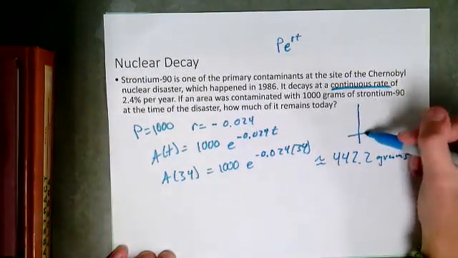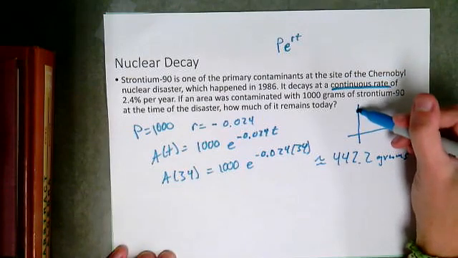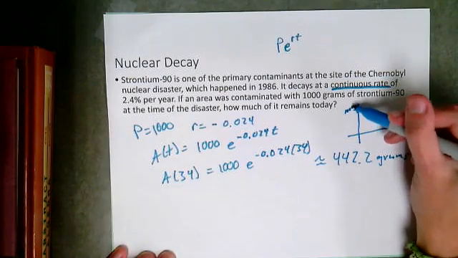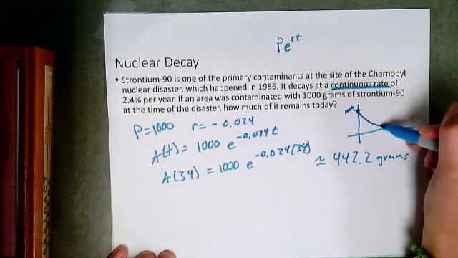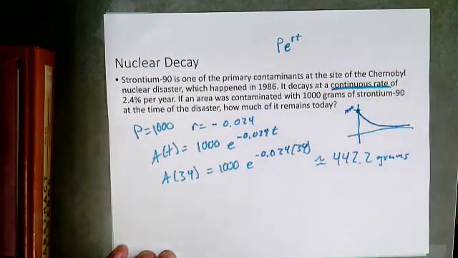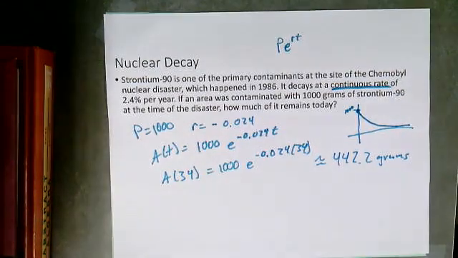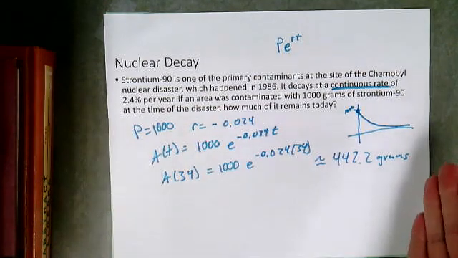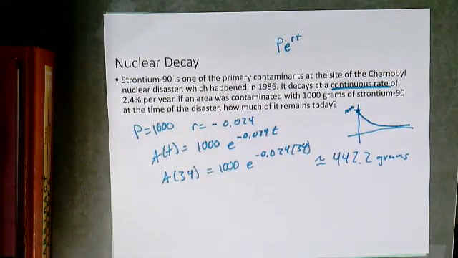And so if we take a look at this graph, you start off at, say, 1,000, and we are exponentially decreasing. So we're going to go all the way close to 0, right? But anyway, that's a rough graph of it. And this is our fun decay problem.